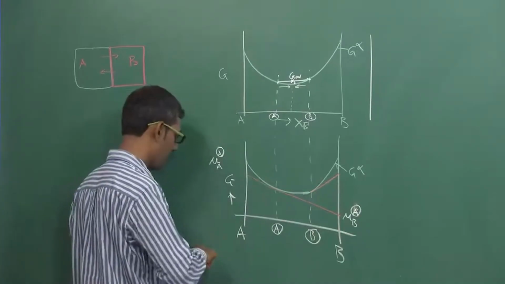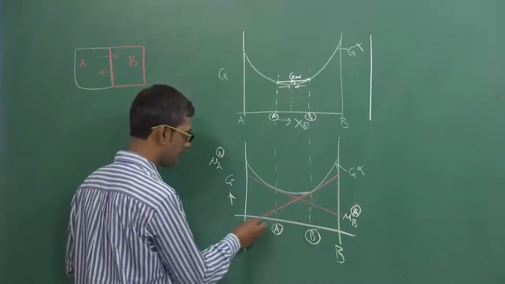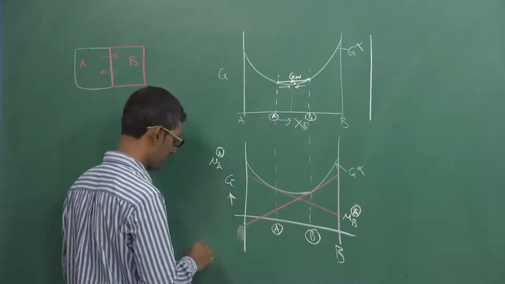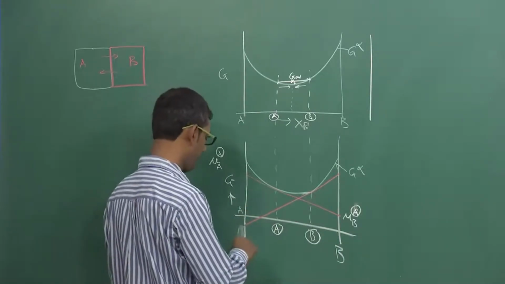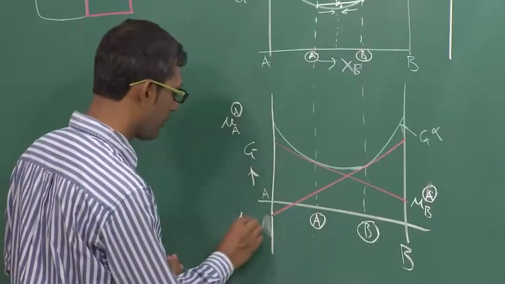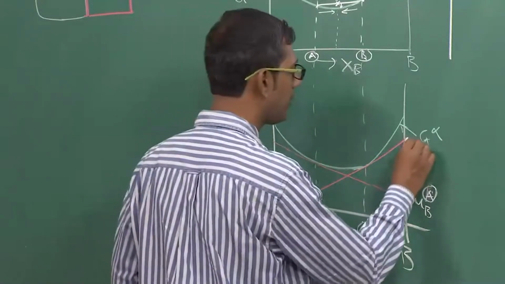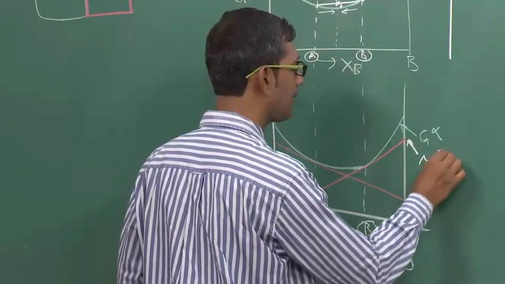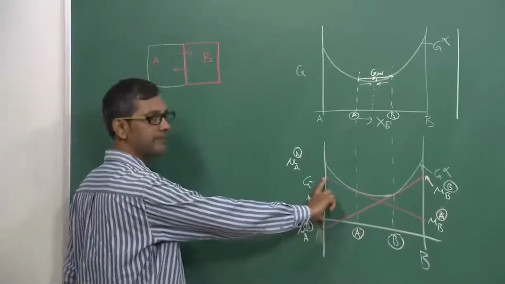okay, so it will go down, does not matter. So, this will be the chemical potential of A in alloy B, the chemical potential of B in alloy B. So, as you clearly see, there is a chemical potential gradient.